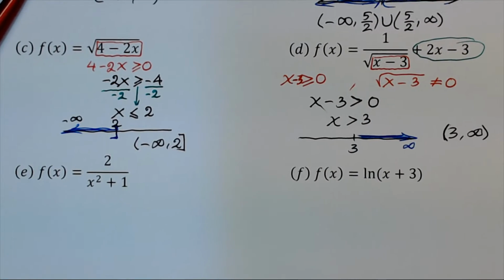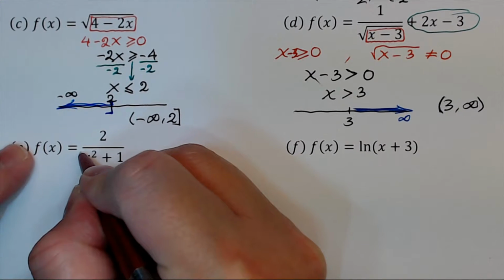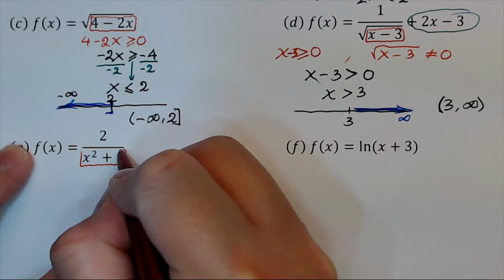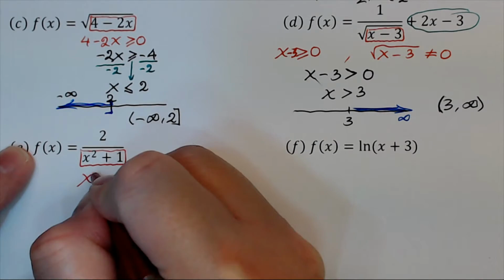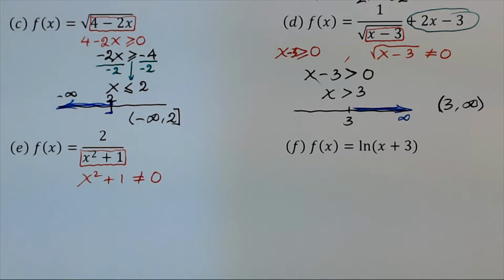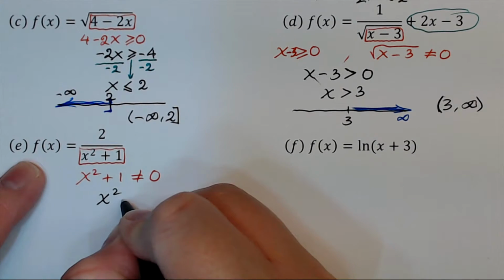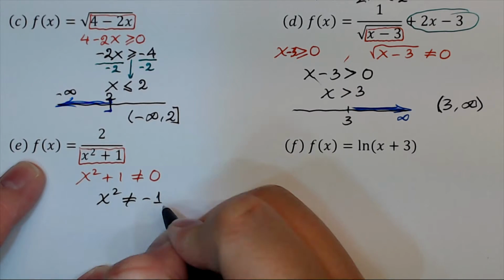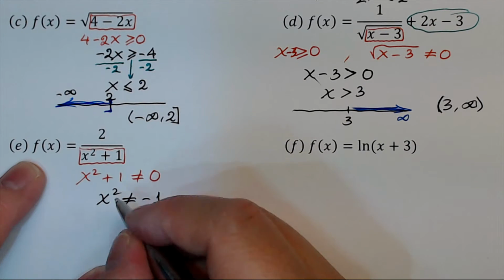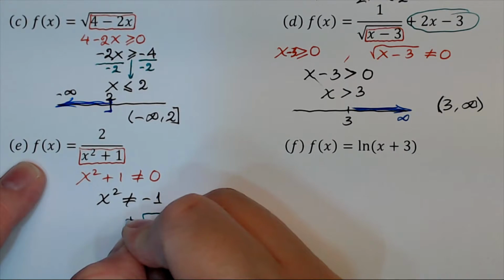There are two more here. This is the problem where the denominator cannot equal 0. So we solve for x: minus 1 on both sides. We have x squared not equal to negative 1, and then we take the square root on both sides. When we do that, we always have to have the plus or minus.